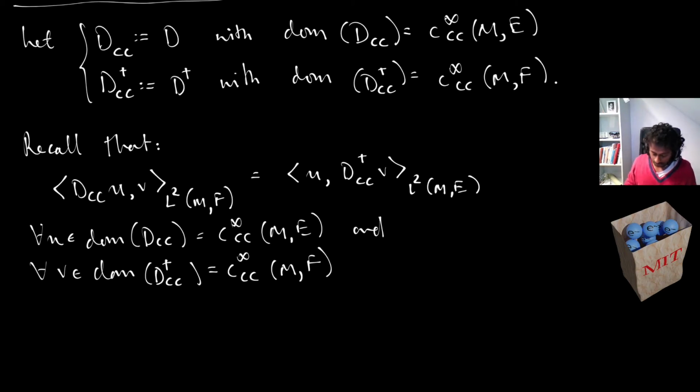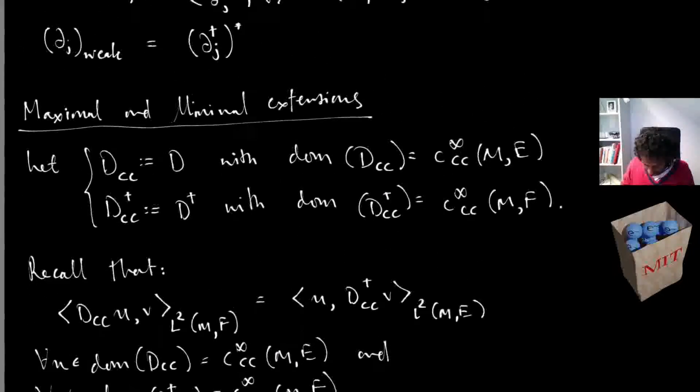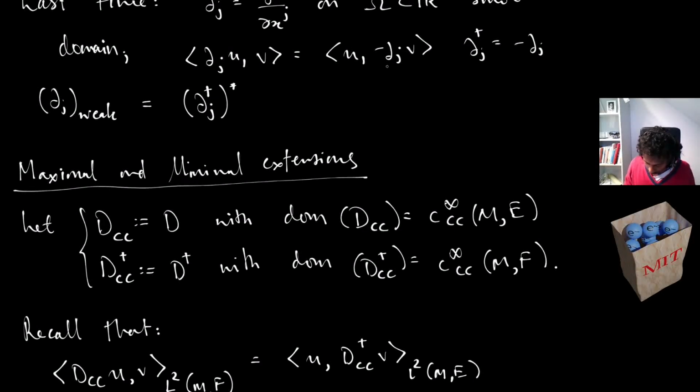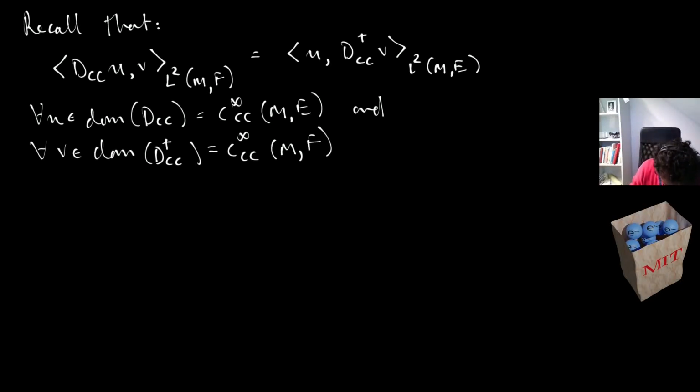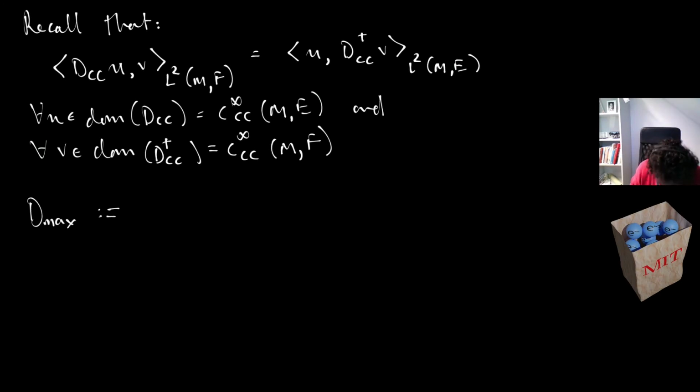So just like before, here we had the formal adjoint being the negative d_j, and the weak derivative we saw is the adjoint of the formal adjoint. So motivated by that, it's really the only thing we could do. We define the maximal operator, d_max, as equal to d_cc dagger star.